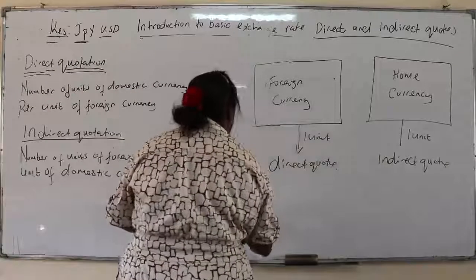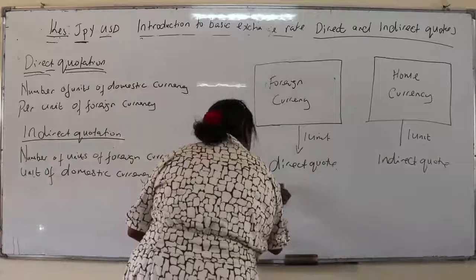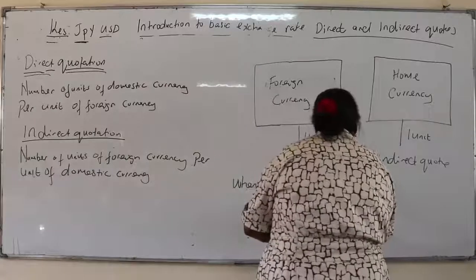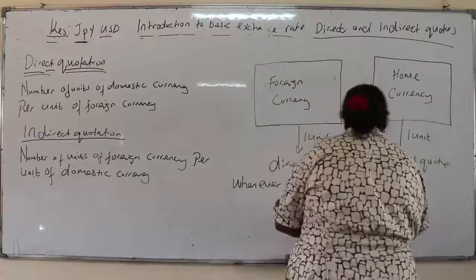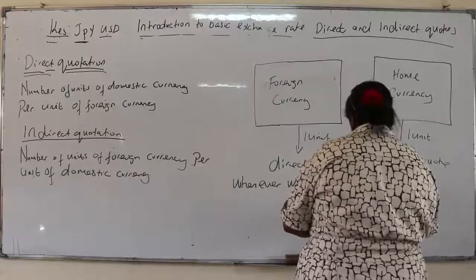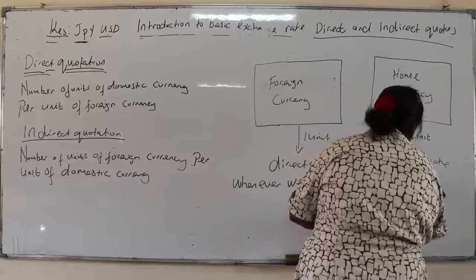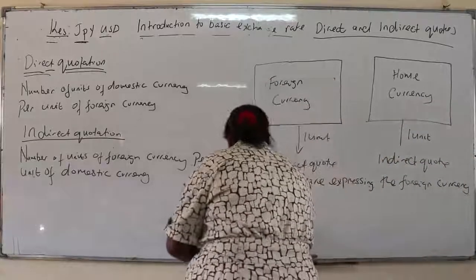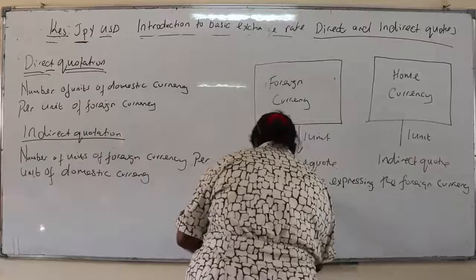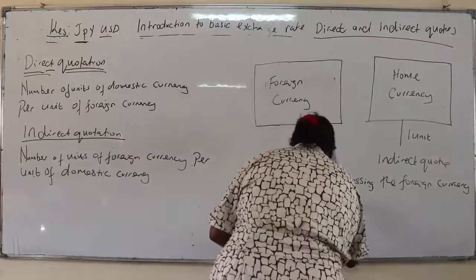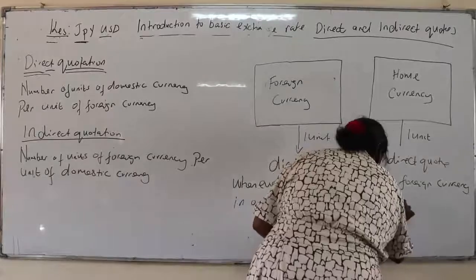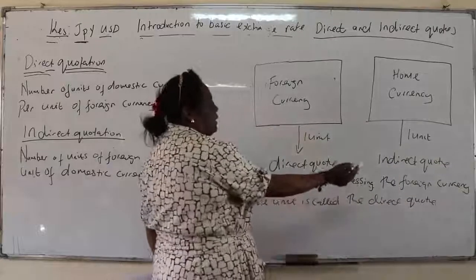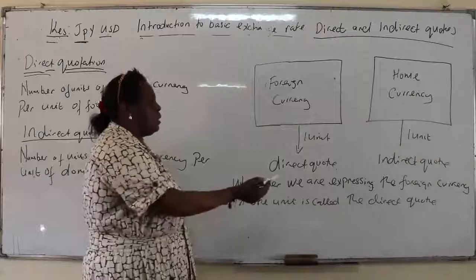Let me just write it: whenever we are expressing the foreign currency in 1 unit, it is called the direct quote.